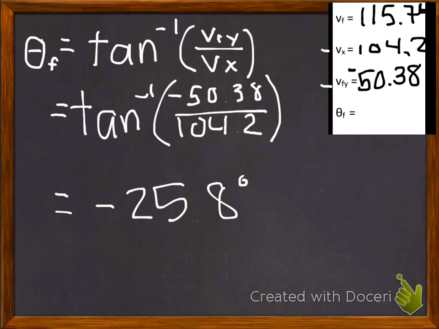So the way that we can interpret this is that the final angle is 25.8 degrees. The negative here just tells us that it is below the horizontal. So I'm going to put BTH. There's no way I'd be able to fit below the horizontal into that space. So instead of going up, the negative just tells us now it's coming down.